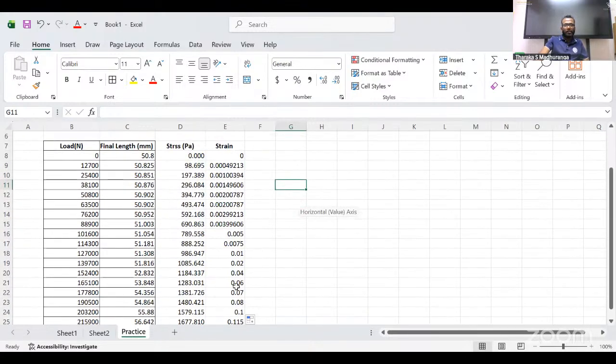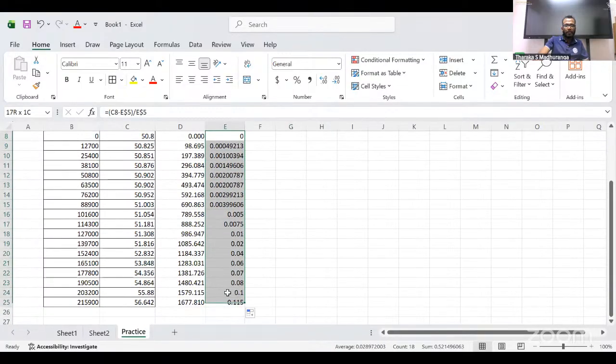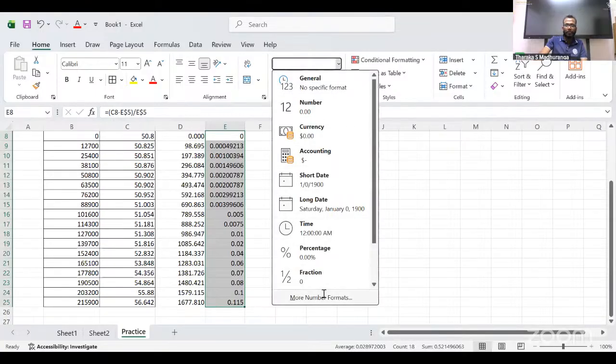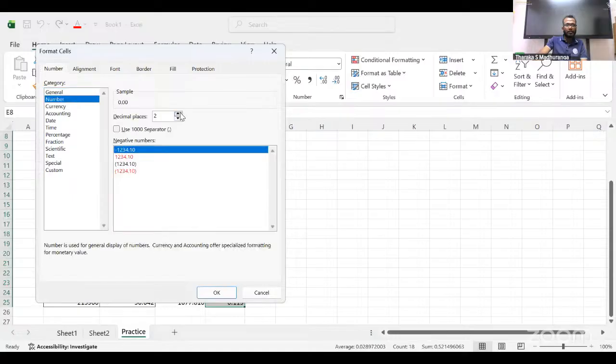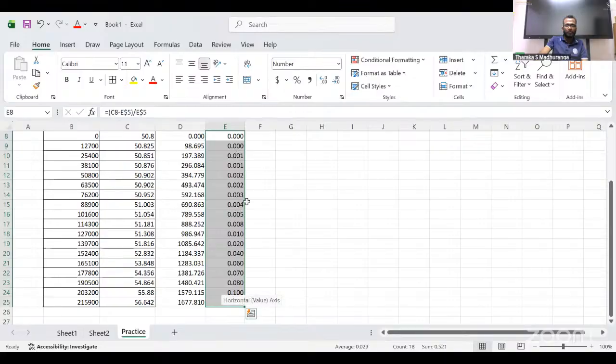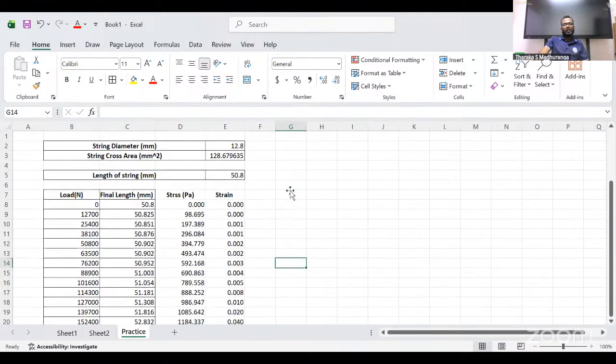Okay, that one also is very complicated, right? Therefore, select the required area and get it into 3 decimal points. More number formats, number, 3 decimal points, and okay. We can get it in the correct order.